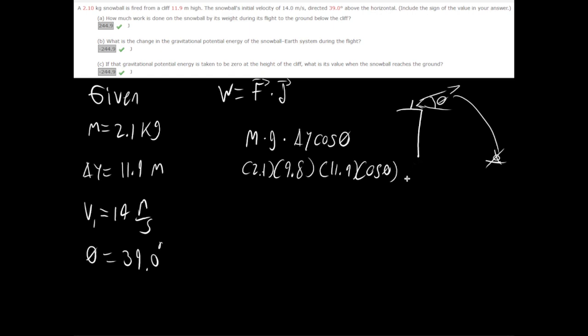If we have it pointed upwards, of course gravity would always be working against it. This is going to be just cosine of 0.